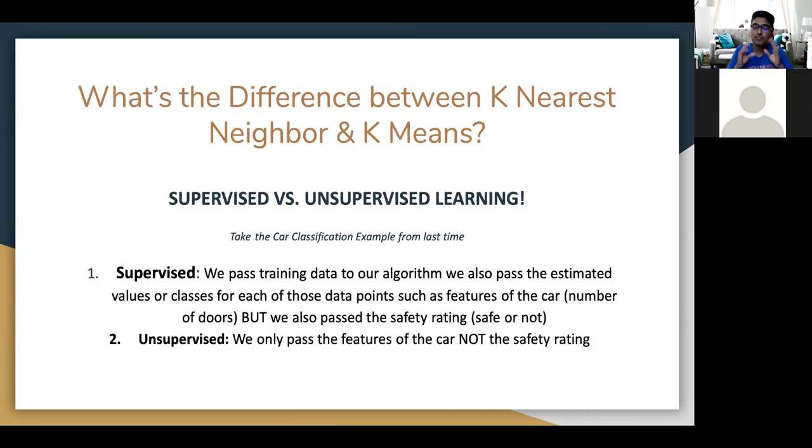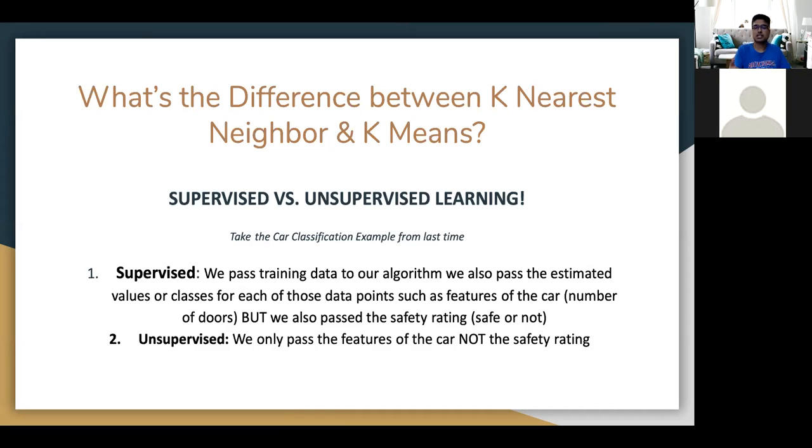Now, this is a very large concept, which I'm simplifying down today, but the main thing which I want you to take away from this point of the supervised versus unsupervised machine learning algorithms is that when we have a supervised algorithm, we know essentially what the output is going to be because we are passing in the output of the classification. So we're telling it what labels should match how the data points should be clustered.